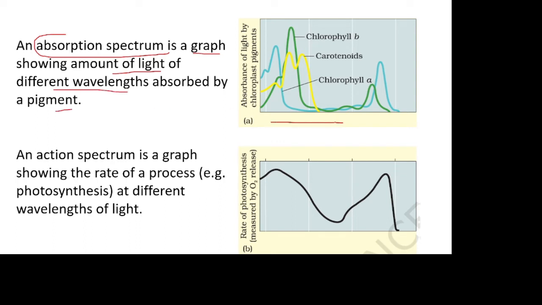So here we have the different wavelengths of light starting from 400 and ending at 700 nm. So we find that at particular wavelengths, all the pigments act at different wavelengths.